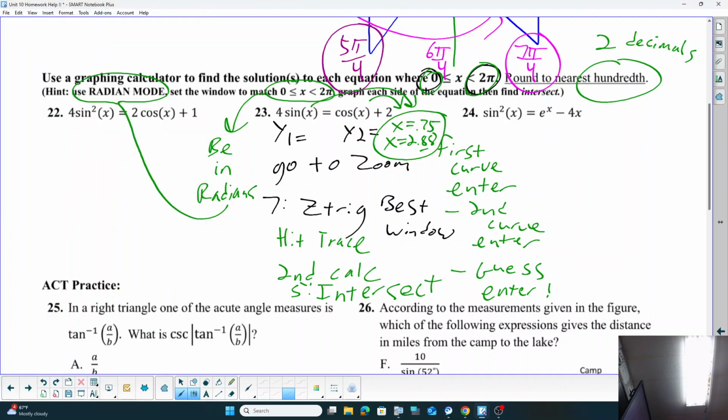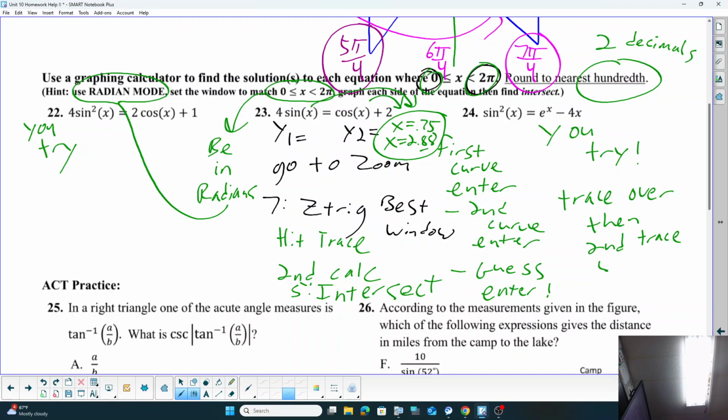Good job. So now you try for number 22. You try that same process, and also number 24. Try doing the intersection, trace over, then second trace, intersect, option 5, intersect, and then enter, enter, enter.